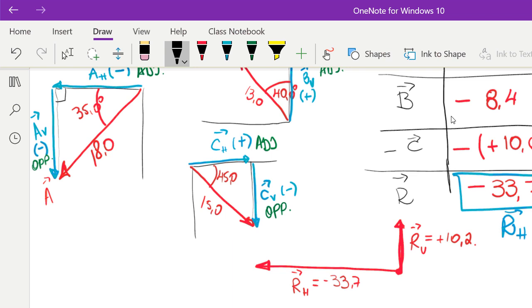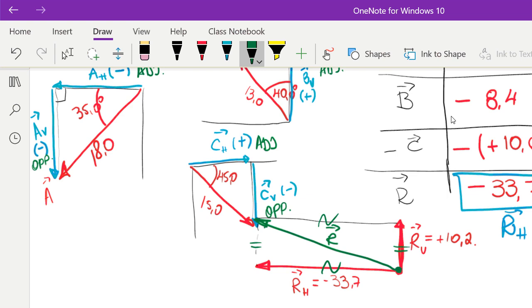Using those two sides, we will create a rectangle, and the diagonal starting from the same point will be the resultant. Two sides of this rectangle are equal two by two with each other.